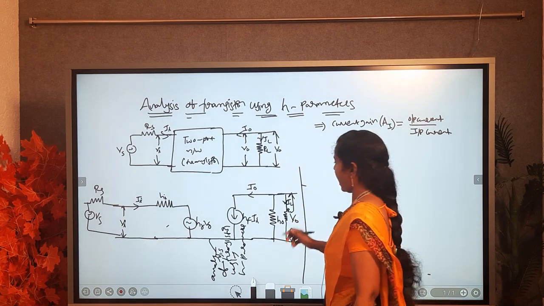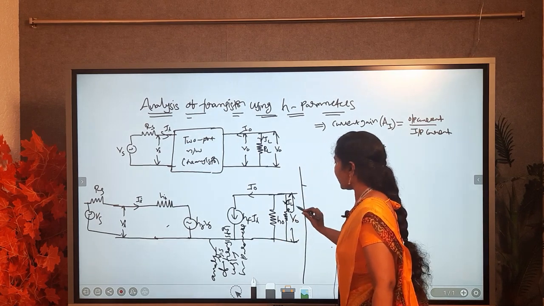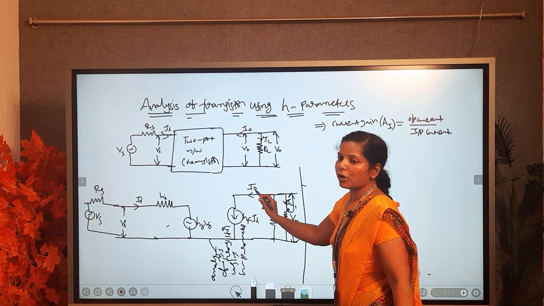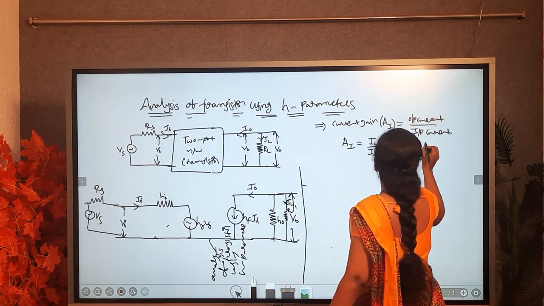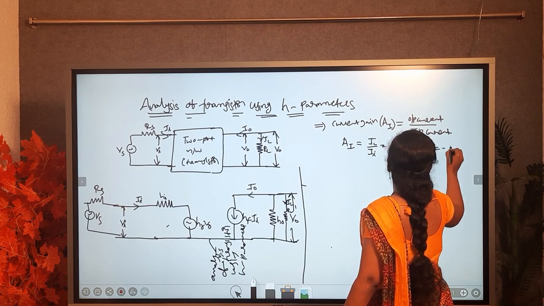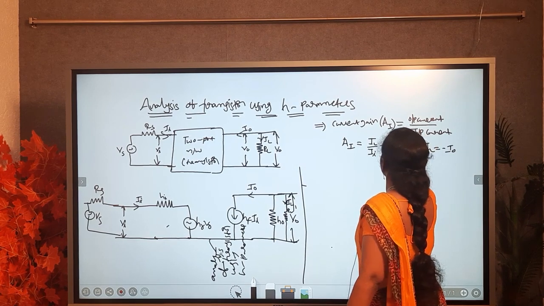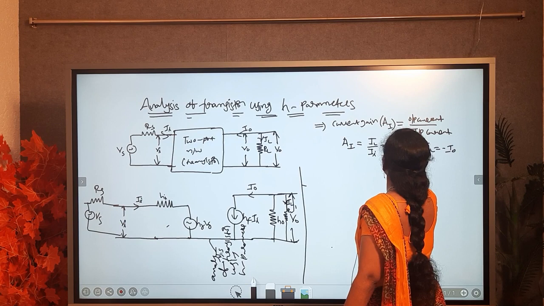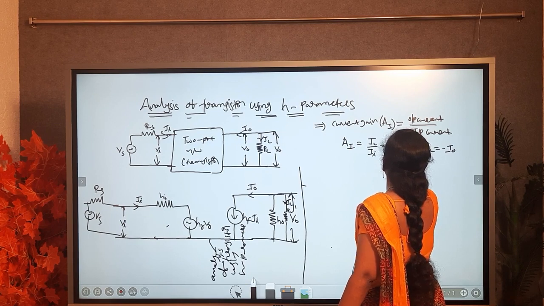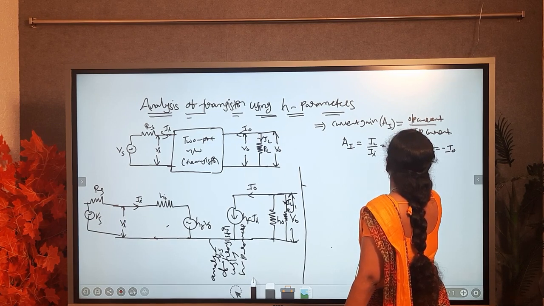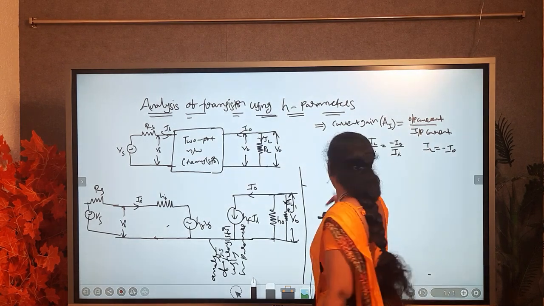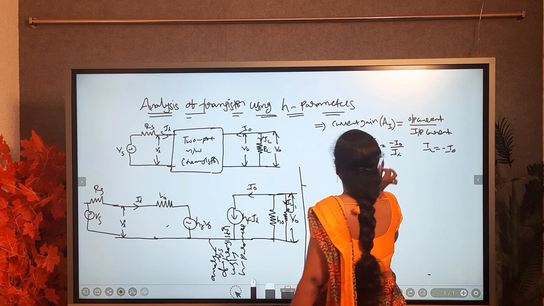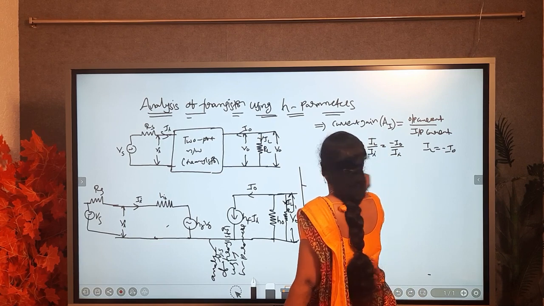What do you mean by IL? IL and I0 are in opposite phase, therefore IL equals minus I0. Substituting minus I0 for IL, Ai equals minus I0 by Ii.